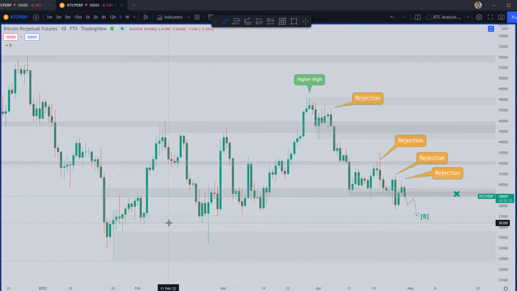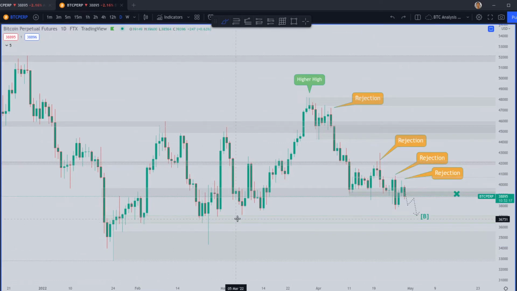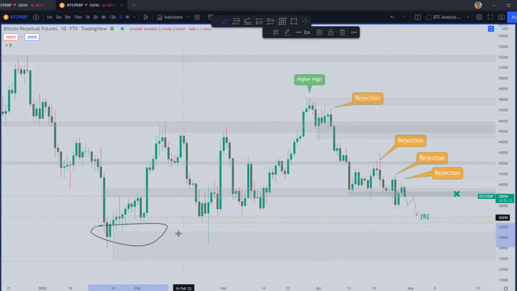So the first thing happened around 36 here, and then price got pushed back. The second time, the level moved a little bit higher to around this level. Do you see?